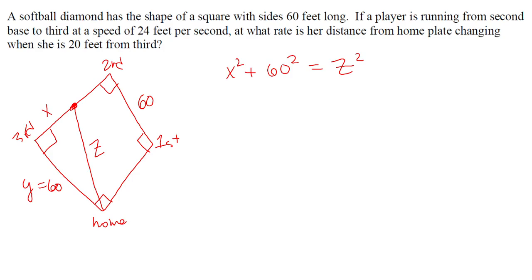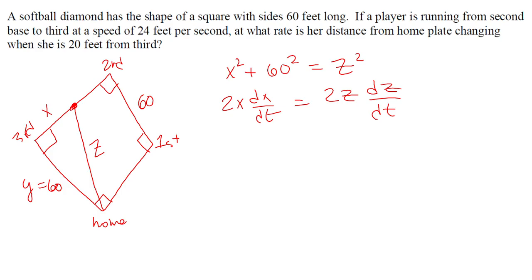Eventually, you'd have a dy/dt term, which would just be 0 because the rate of change between third base and home plate isn't changing. So when I take my derivative here, I really just get 2x dx/dt is equal to 2z dz/dt, because the derivative of 60 squared, that's just a constant, so its derivative is 0.